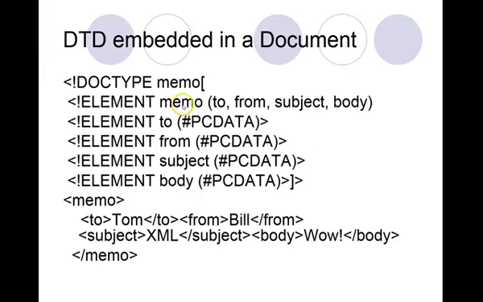So it has a memo element, which has to, from, subject, and body child elements. And then we define the to, from, subject, and body. Okay. Again, you don't have to worry too much about this. Finally, we have actual data here. So here I have a memo. It has the to, the from, the subject, and the body fields. Okay?